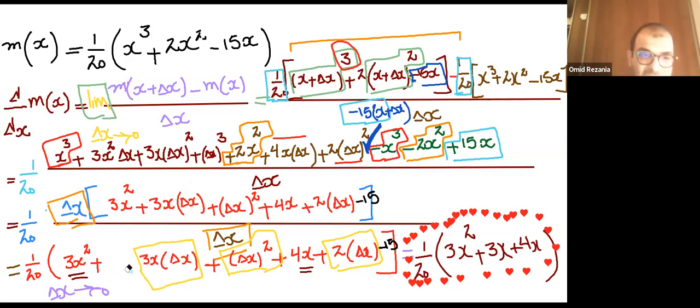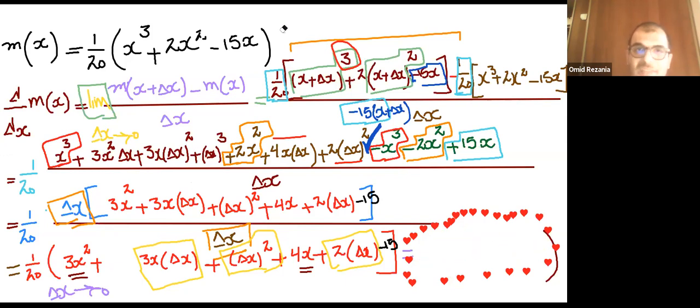I didn't have 3x. I had 3x squared plus 3x multiplied by delta x plus delta x squared plus 4x plus 2 times delta x minus 15. Okay, now it's resolved then. Okay, then we factor delta x. The delta x is gone.